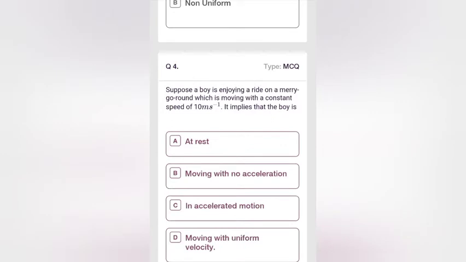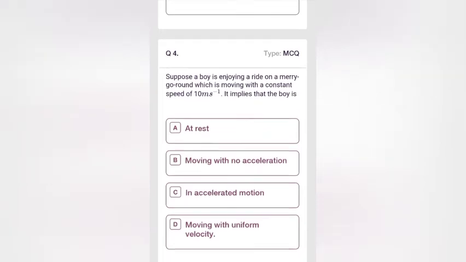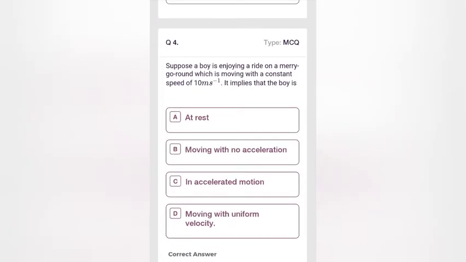Fourth question. Suppose a boy is enjoying a ride on a merry-go-round, which is moving with constant speed of 10 meters per second. It implies that the body is. See, a boy is going around the merry-go-round.